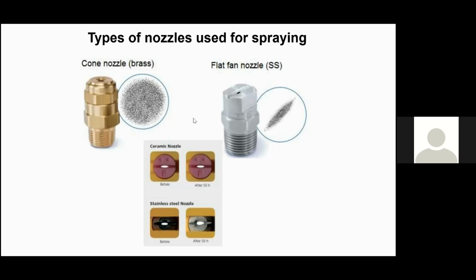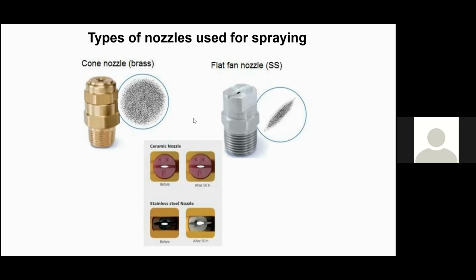But when we use a stainless steel nozzle, over the use of it there is great damage to the nozzle, and this leads to inaccurate amount of spraying. So if you have no access to a ceramic nozzle, it is better to change the nozzle as the spraying operation goes on.